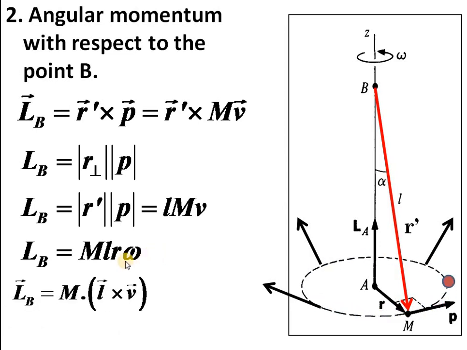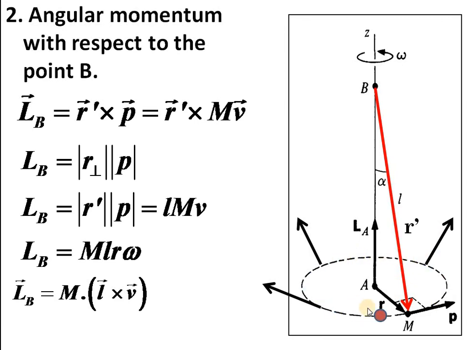And again, if you want to write it vectorially, we will have to write it like this. Velocity is here along the direction of momentum, and vector L is like this. So when you take the L cross P, you can see that it will be always directed like this.